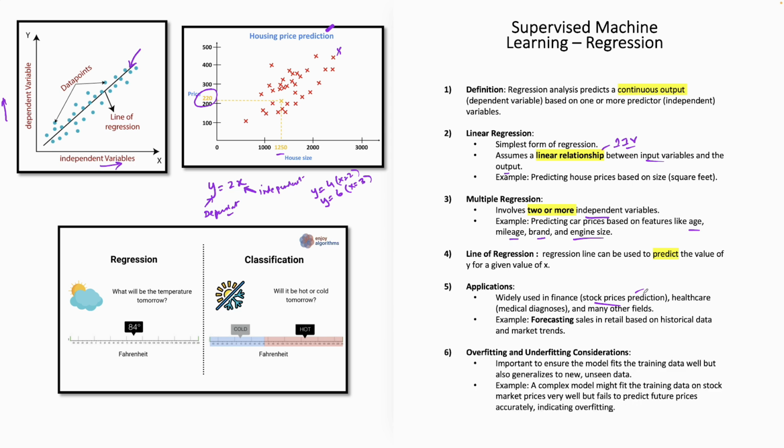And as I said, overfitting is an undesirable machine learning behavior which can occur when you don't get accurate predictions for the test data, but you do get them for the training data, right? Quite important that you get a balance right. You need to ensure that the model fits the training data as well as the unseen data, or the testing data. The example it gives is a complex model that might fit the training data on stock market prices, but fails to predict future prices accurately.